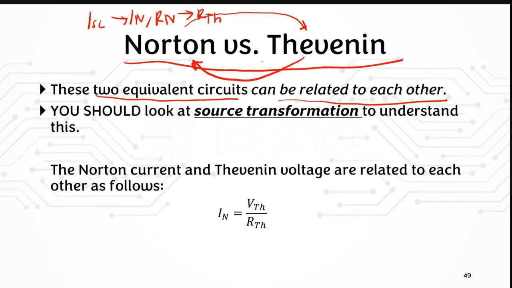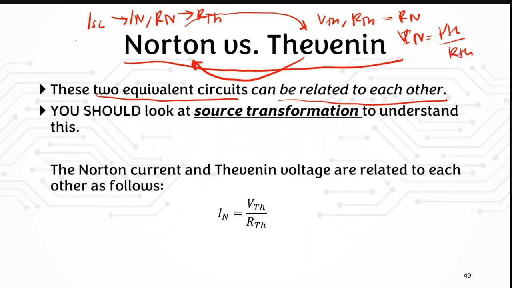Okay, and then for the Thevenin, you know that you will have the Thevenin voltage and also the Thevenin resistance, where this Thevenin resistance is also equal to RN, and from this Thevenin you can also calculate IN, where IN is equal to VTH over RTH. And for this one it is going to be the same.